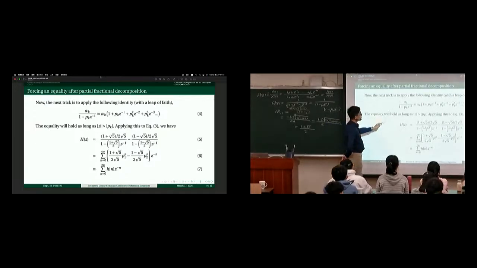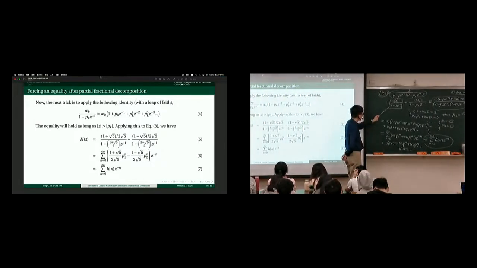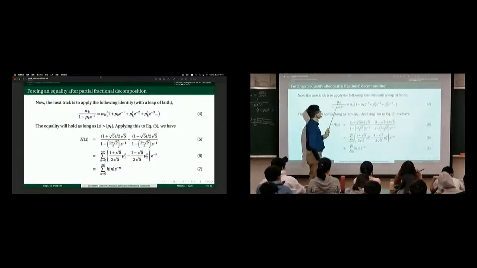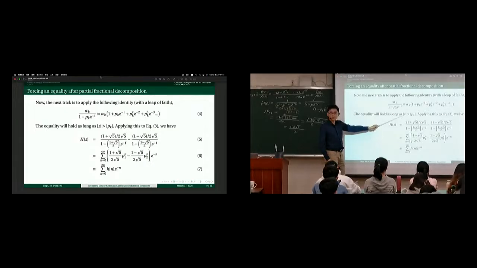The equality holds that alpha 1 divided by 1 minus p1 z to the minus 1, this expression, equals to that. Same thing here. This expression equals to that as long as we have this assumption, in a region, really. This equality holds in this region when the absolute value of z is greater than the absolute value of pk.